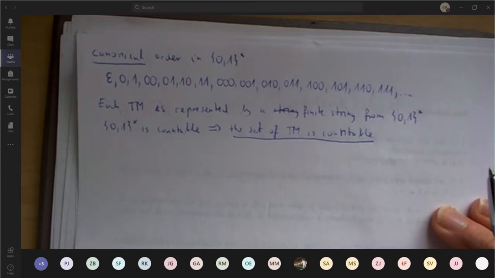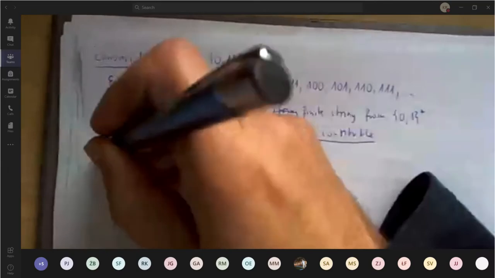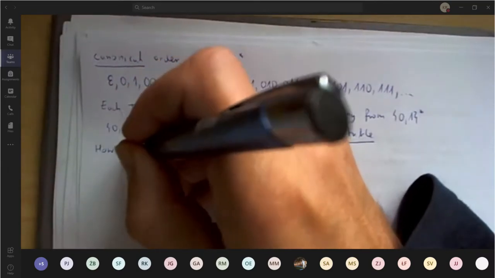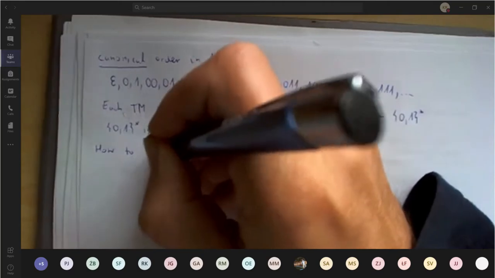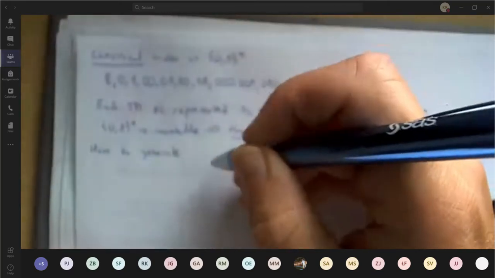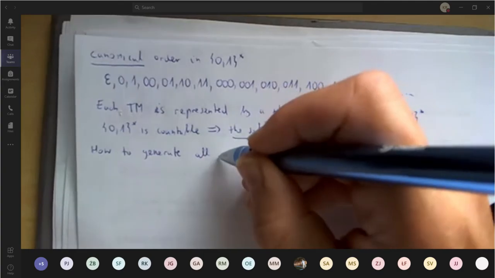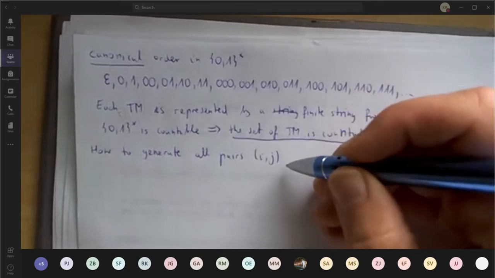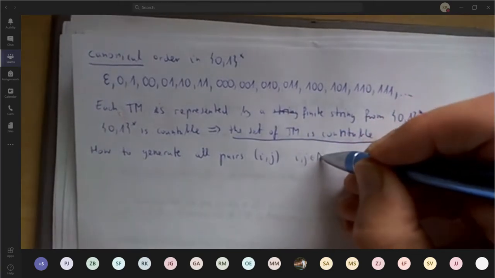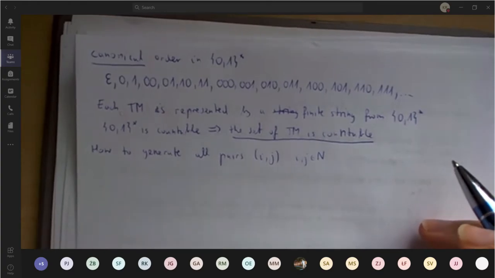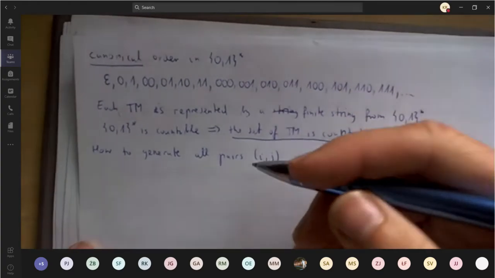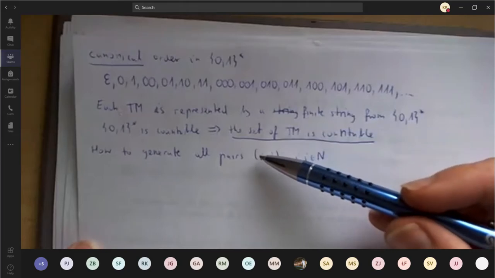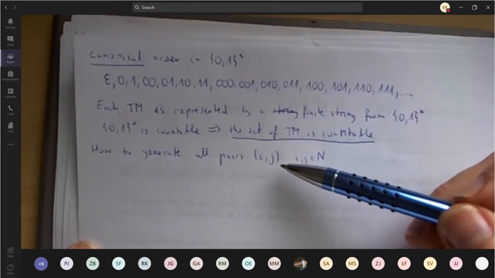And we will also need the following thing. We want to generate all pairs ij, where i and j are some natural numbers. We know that the set of such pairs is countable.